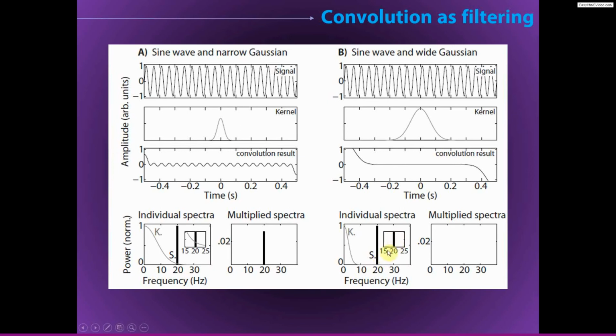By the time we get up to 20 hertz, you can see there's really no overlap here, unlike in this case. So when we do the pointwise multiplication, we get basically nothing. You could actually zoom in further and you would see that there are very, very small non-zero elements here. That's what's producing these edge artifacts. But the important point to notice is that there's no overlap here at 20 hertz, and so we just get a flat line here. There's nothing.